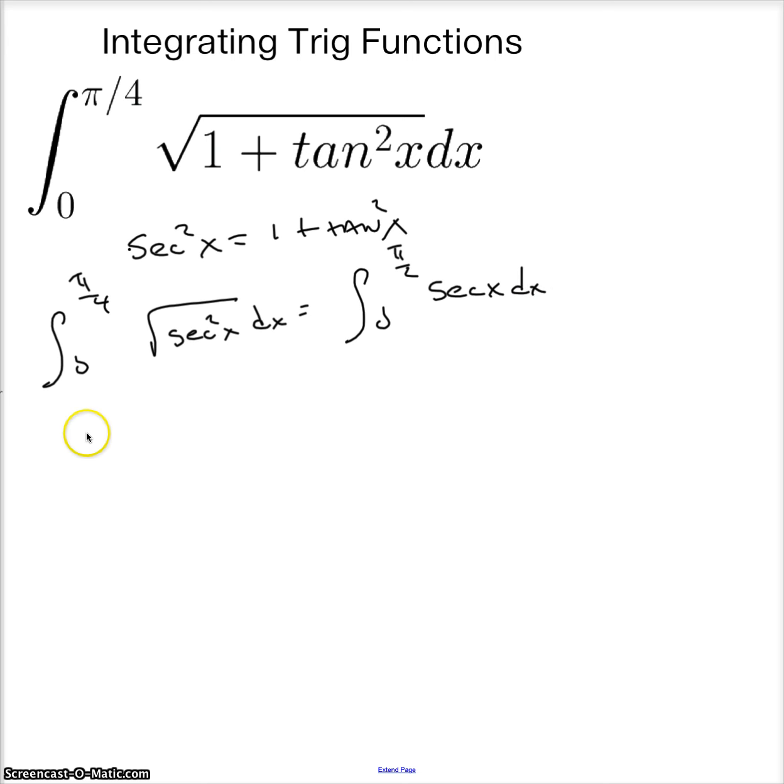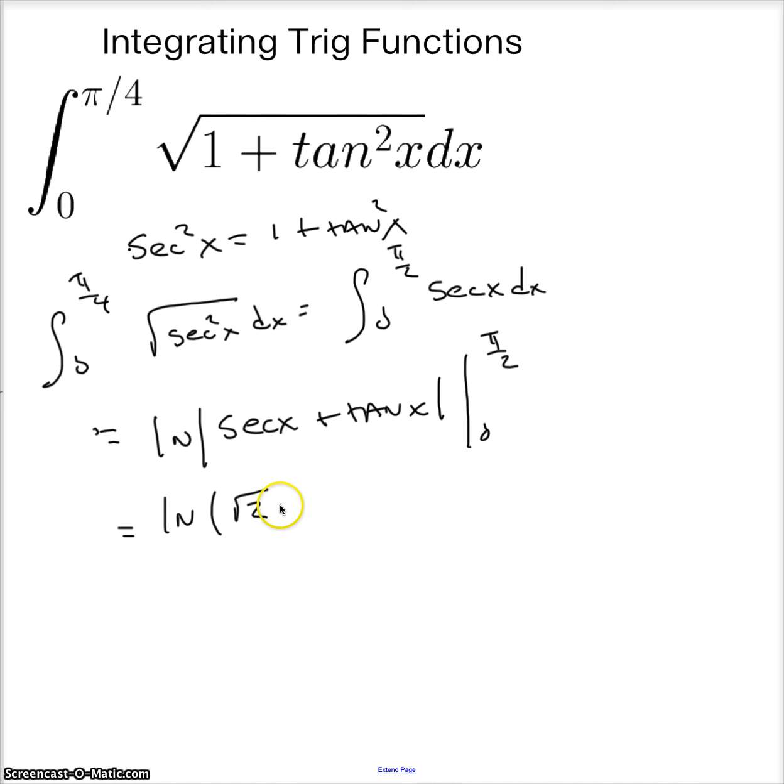All right, so the integral from 0 to pi over 4 of secant is the natural log of the absolute value of secant x plus tangent x, evaluated at 0 and pi over 4. All right, so this is the natural log of, what is this?